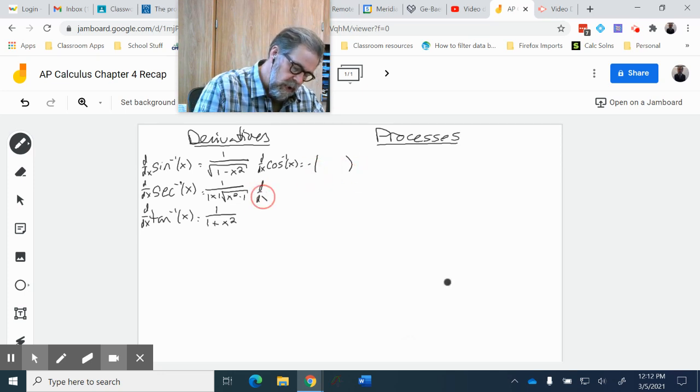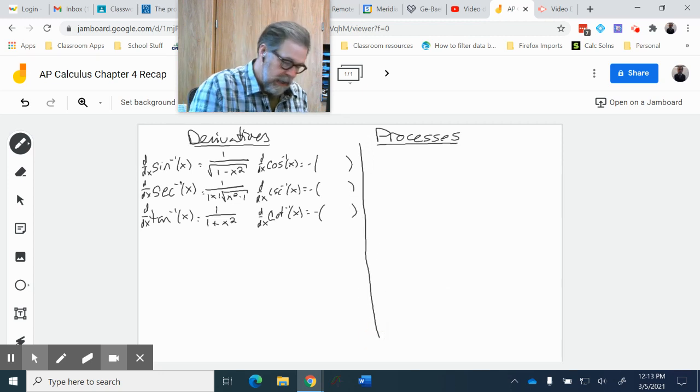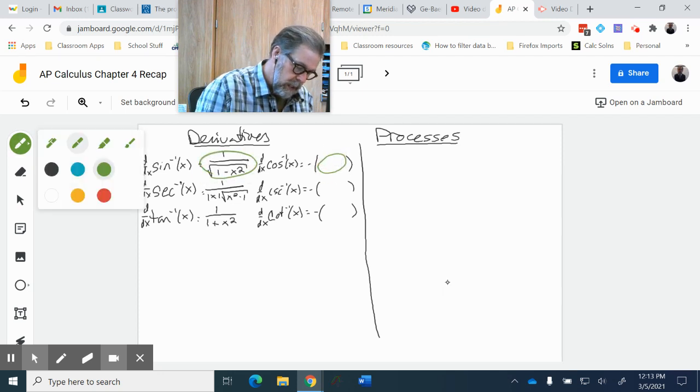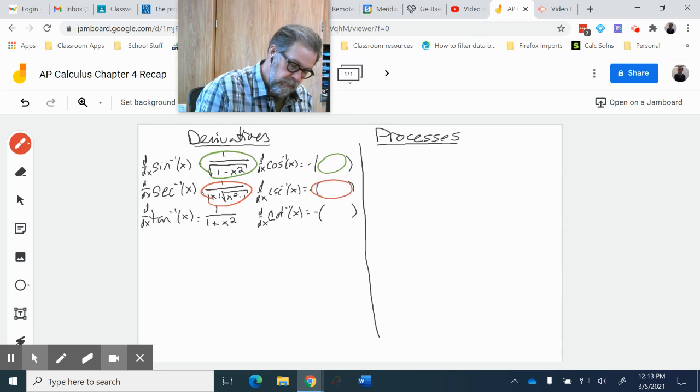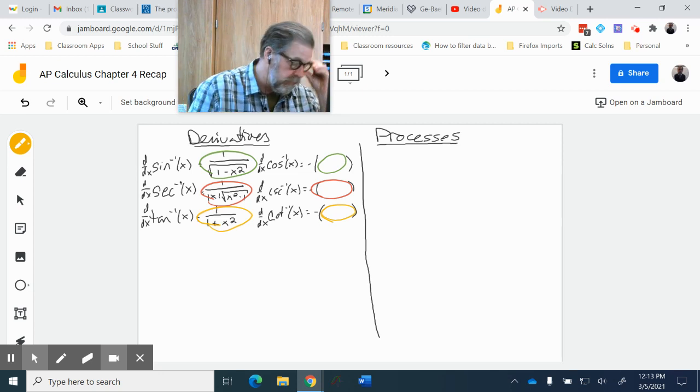The derivative of arc cosecant is the negative derivative of arc secant, and the derivative of arc cotangent is just the negative derivative of arc tangent. So I'm not even going to write them all out again, but there you go. Here, well, I could do that for you. Boom. And that way you only have to remember 3 of them, and then just remember that the others are negatives.